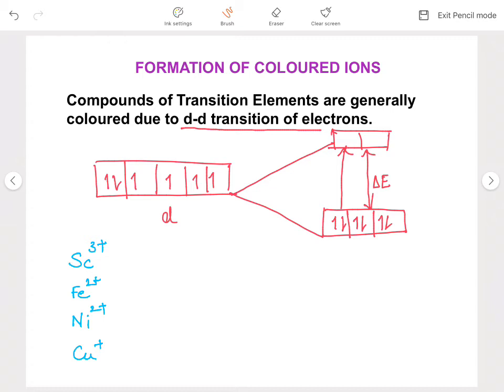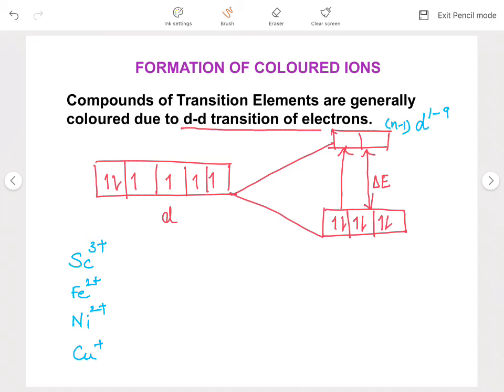The cases in which d-d transition is possible are when there is partially filled d orbital. So when partially filled d orbitals are there, then only an electron can jump from a lower set to the higher d orbital set. That is, the configuration should be (n minus 1) d 1 to 9. This should be the configuration for showing colored ions or colored compounds.